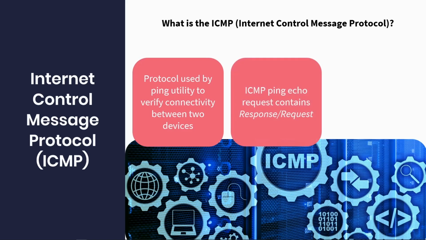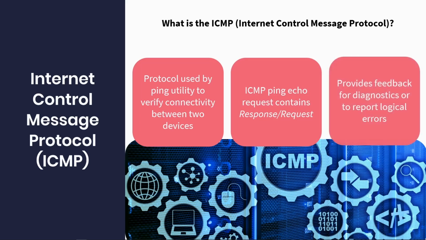The ICMP ping echo request contains messages such as echo response, request, and destination unreachable, when the machine or laptop is not on a network. ICMP provides feedback for diagnostic or to report logical errors between connected devices.